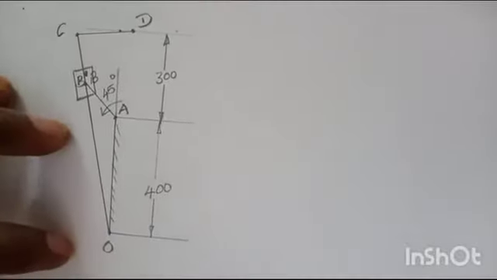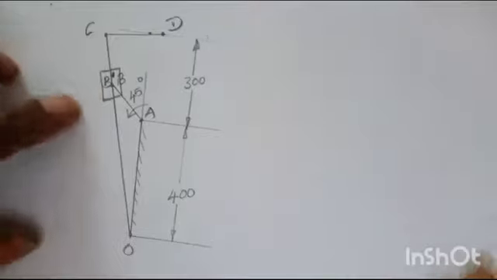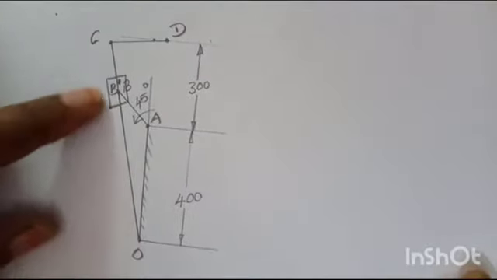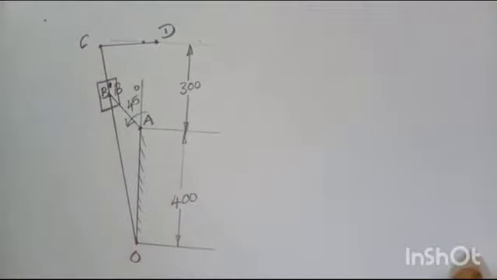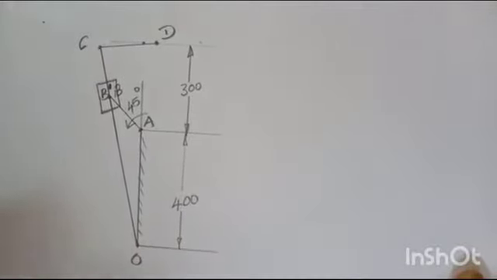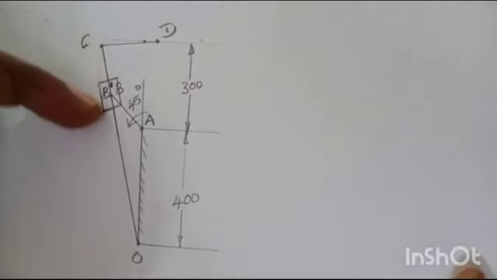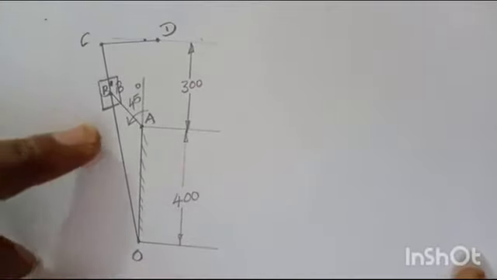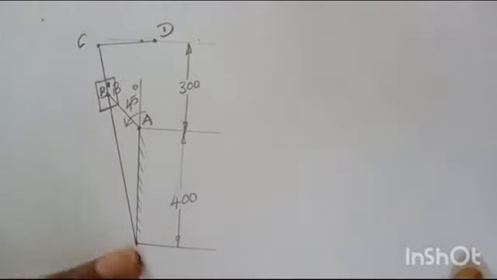So here the Coriolis component velocity also you have to take. Now, more than 3/4 of the distance the slider is in the slot, in the upper direction. Now it starts to move in a downward direction because there is no space here. So now the slotter is moving in anti-clockwise direction and the slider is moving downward.